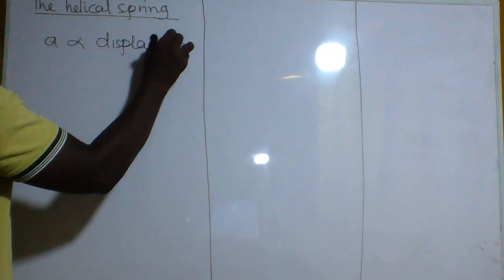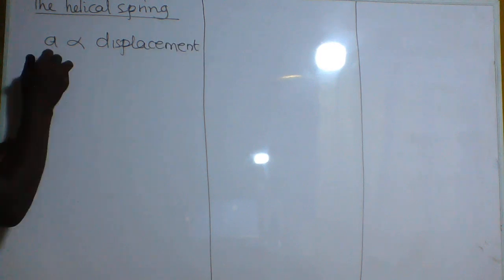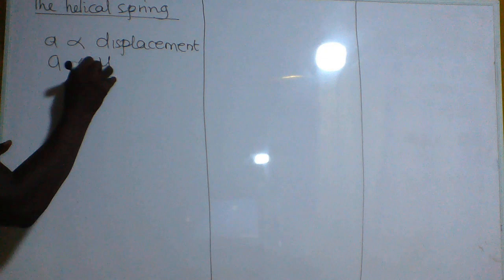Okay, so we are going to look at these key attributes of simple harmonic motion. The acceleration of the body is always directly proportional to the displacement. So A, which is the acceleration, is directly proportional to the displacement, which means A is directly proportional to y.